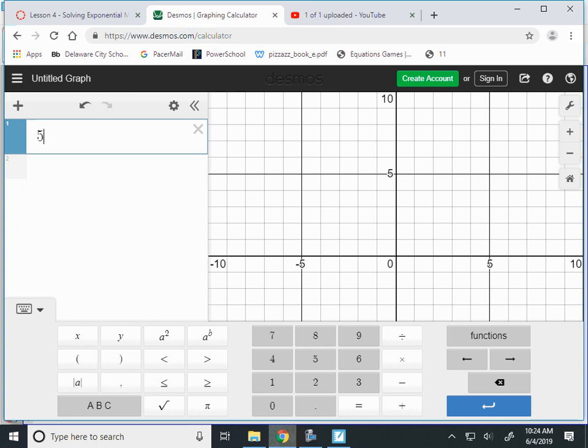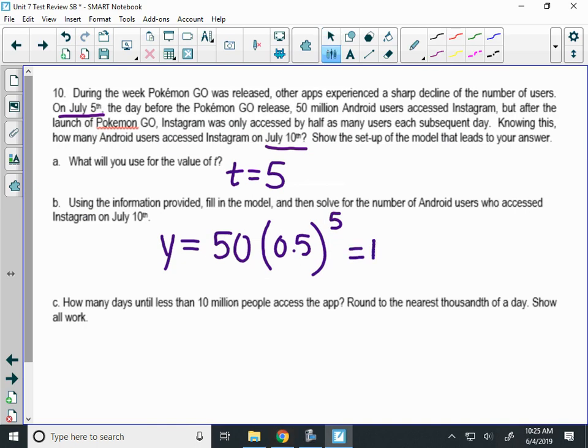I have 50 million times 0.5 to the 5th power. And that means on July 10th, 1.5625 million people access Instagram. So Instagram became less popular when everyone was looking for Pokemon.